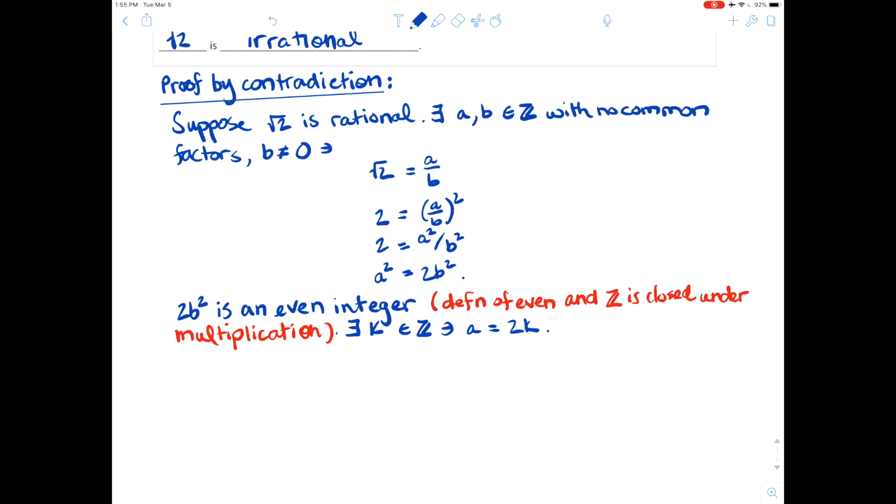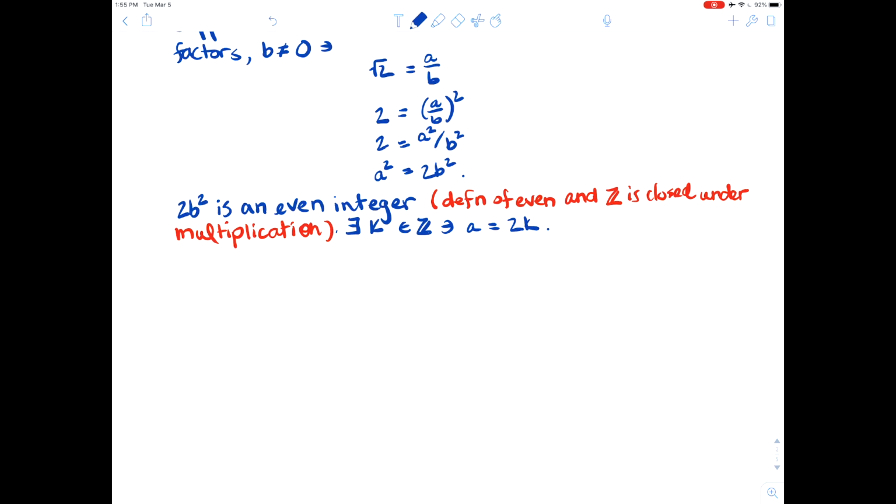Well, let's take a look at what's going on with this. We've got A is 2k, so if we square both sides, we get A squared is equal to 2k, the quantity squared. And what?